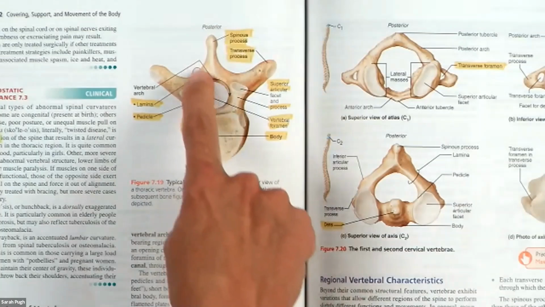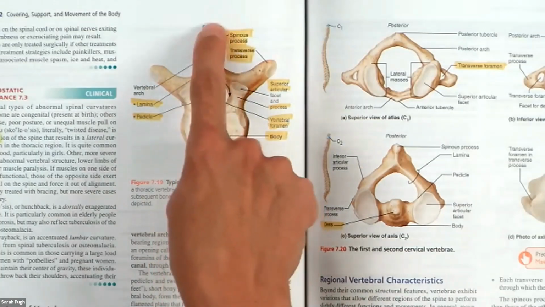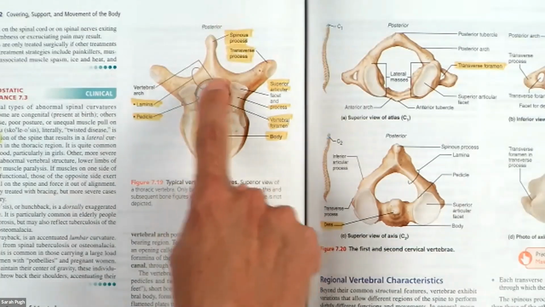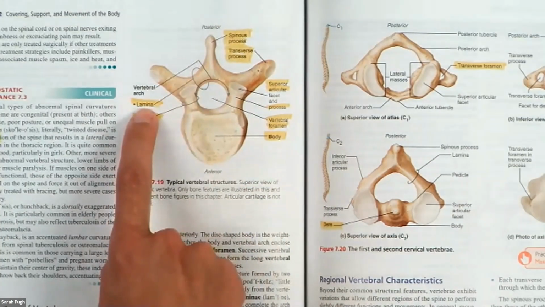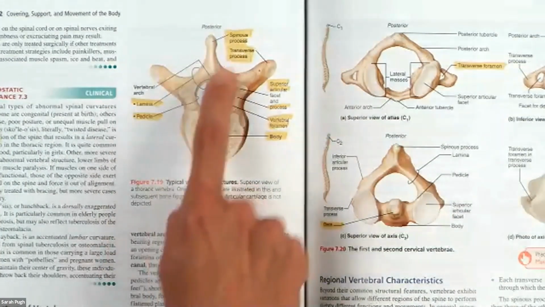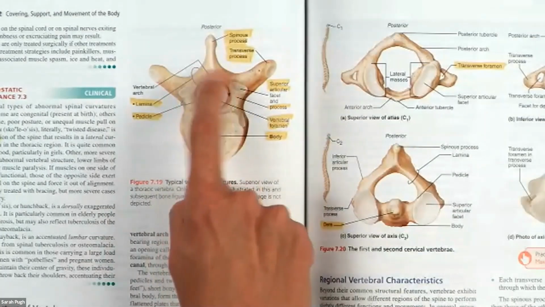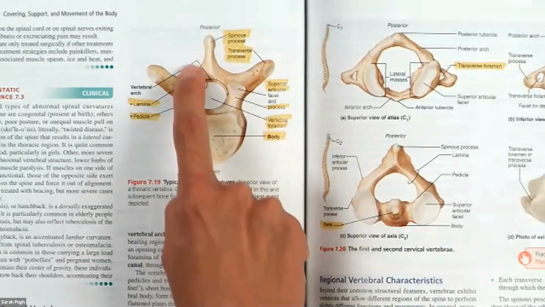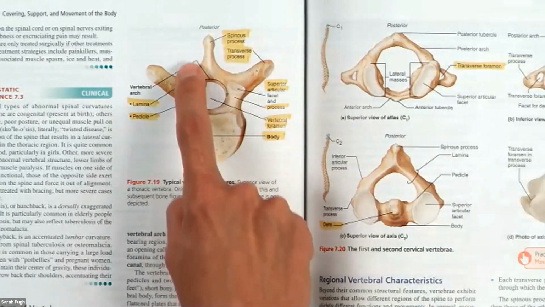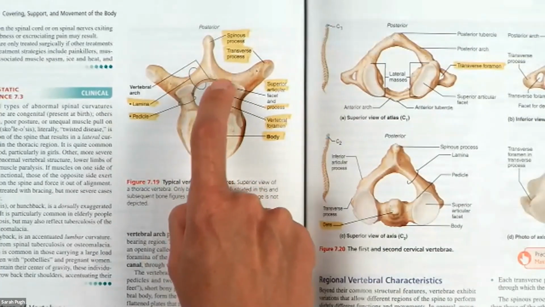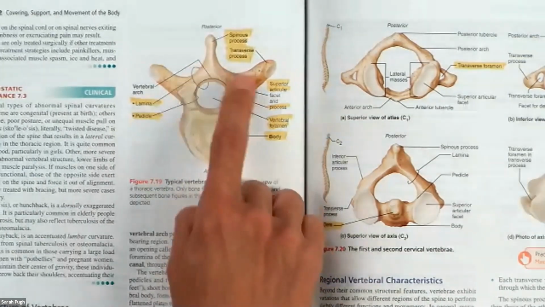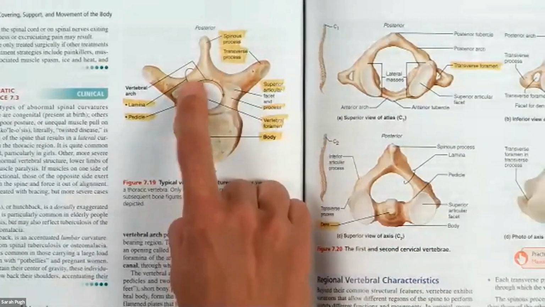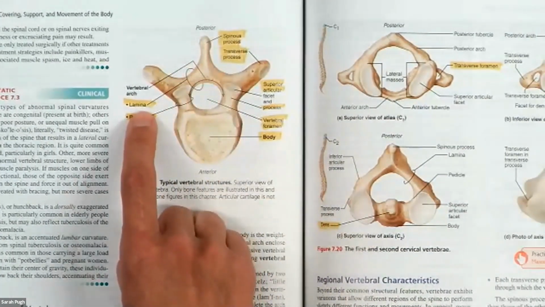This area right here, basically holding the spinous process onto everything else, that's called the lamina. And that one's kind of important. We'll talk more about this in chapter 8 when we do joints. But you may have heard of something called a laminectomy. The term ectomy means removal of.